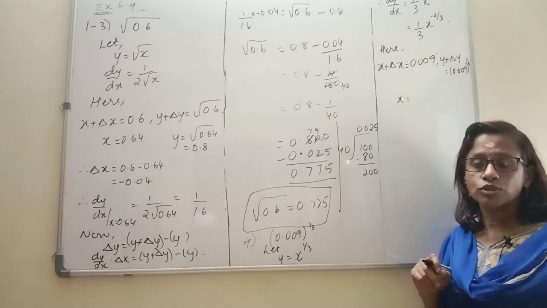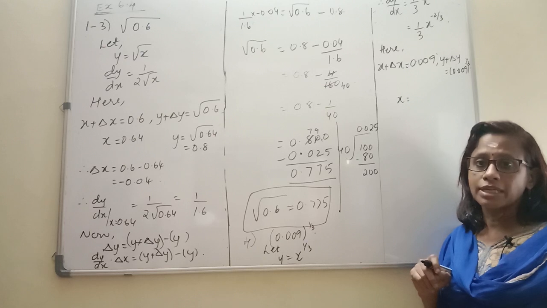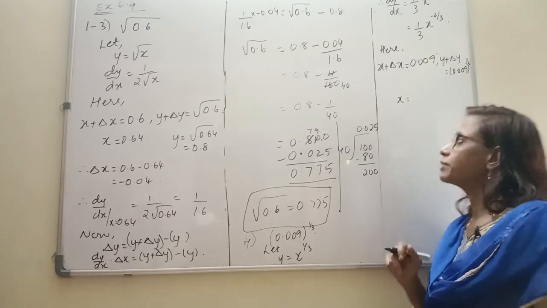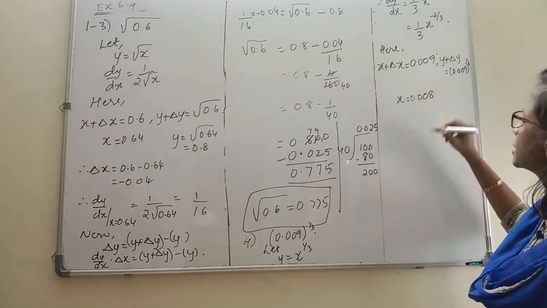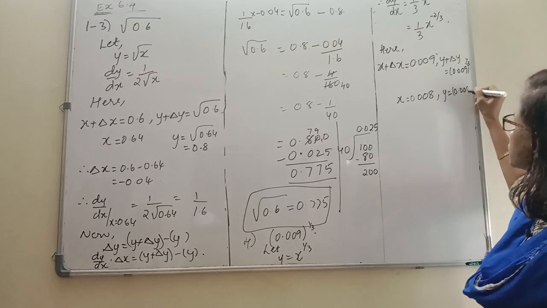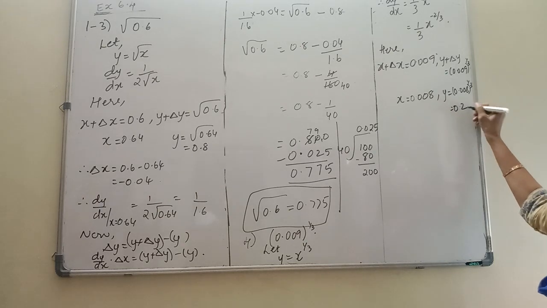It can be 0.008 because the third root of 0.008 is 0.2. So that can be your standard value. So x can become 0.008. So what can be y? Y is the third root of 0.008, which is 0.2.